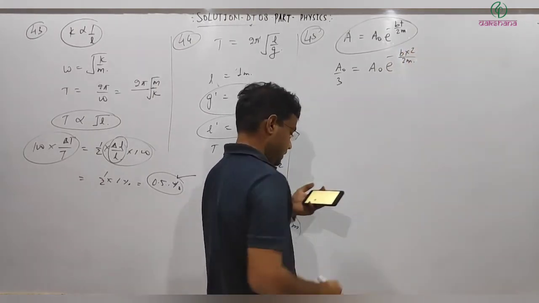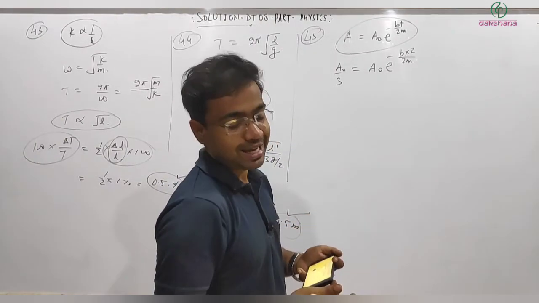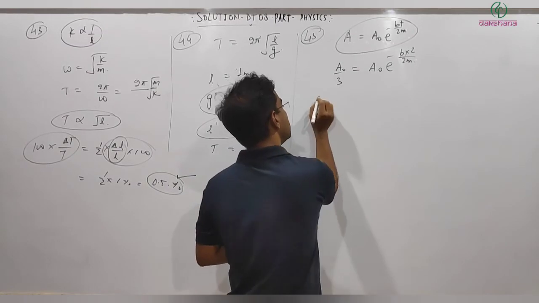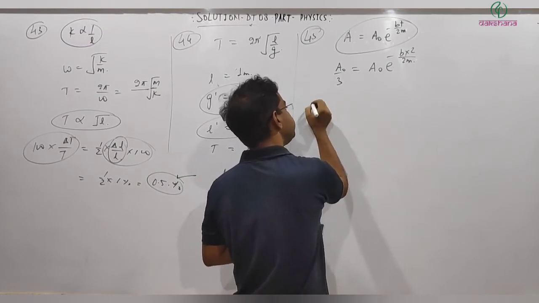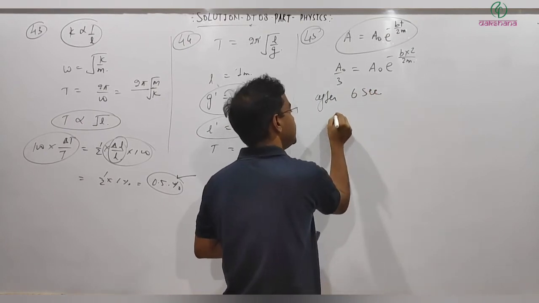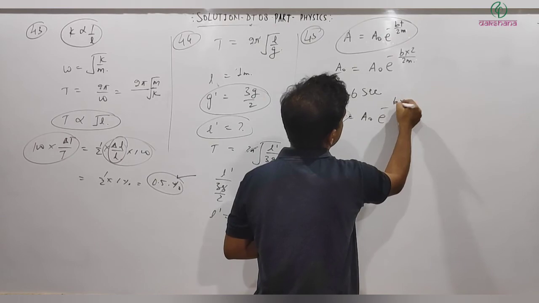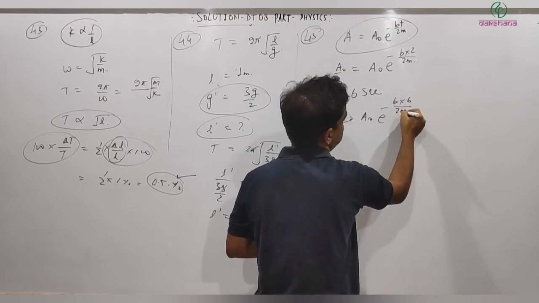Next, it's saying its amplitude after 6 seconds will be 1 by n times. So after 6 seconds, that will be A naught e raised to minus b into 6 divided by 2m.